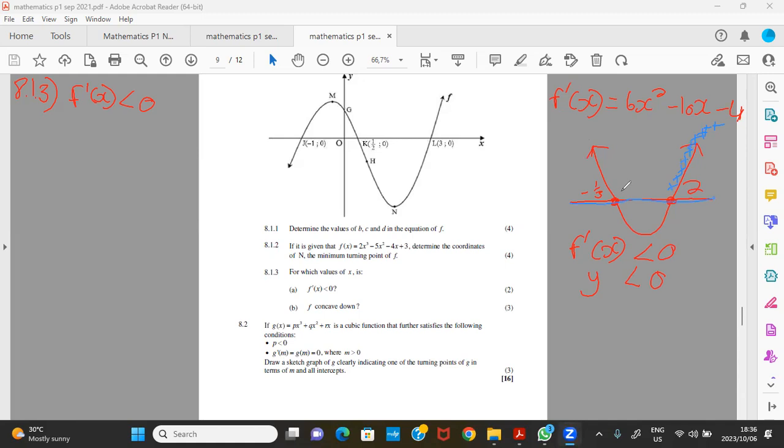And even from here, if I go up until positive infinity, I'm having positive values. But once I go below my x-axis, I'm having negative y values. Do we see that?